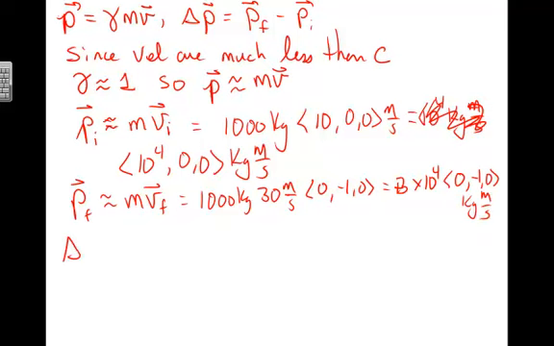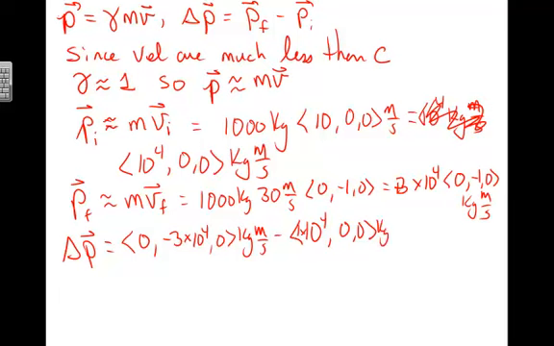So delta P, the change in momentum, is simply going to be P final minus P initial. The way to do this is component by component. So let me write out the two vectors. P final is <0, -3 times 10 to the 4, 0> kilogram meters per second minus <1 times 10 to the 4, 0, 0> kilogram meters per second.